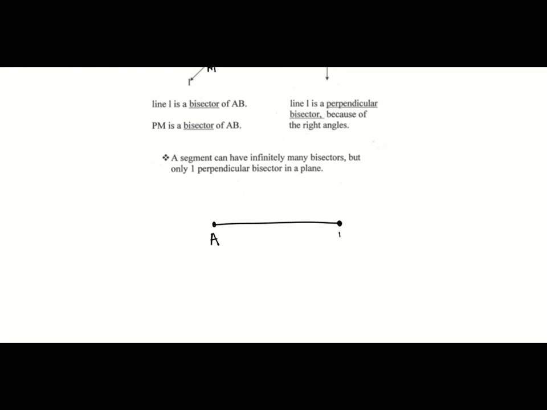So if we have segment AB and our midpoint is right here. Now we could draw a bunch of different bisectors through that point. We could draw one here, we could draw one here, here, here. Didn't go through the point.